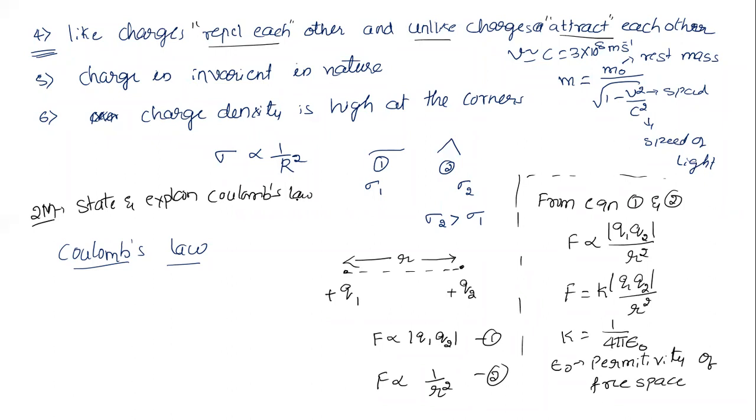Like this question you may see in the examination, or another type of question such as: mention the vector form of Coulomb's law and explain the terms. They're going to ask to explain the terms.